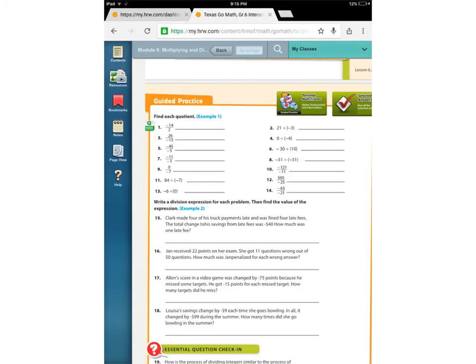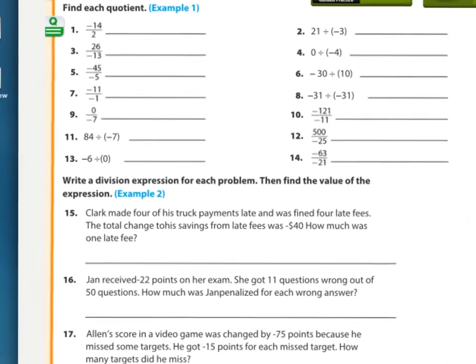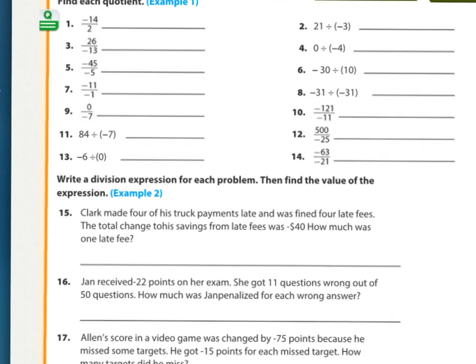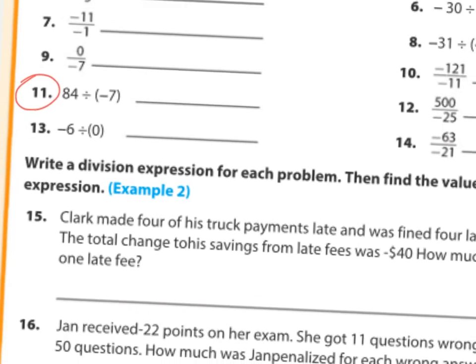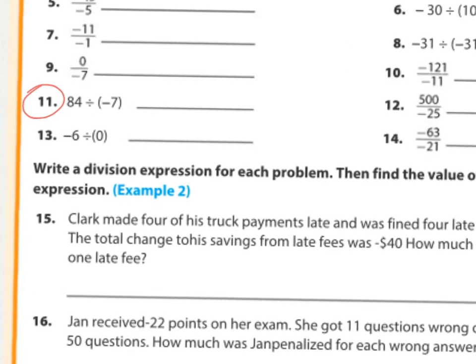Okay, we're going to do just a few of these. Let's look at number 11. You need to write all these examples down. 84 divided by 7. Okay. 84 divided by 7 is 12.